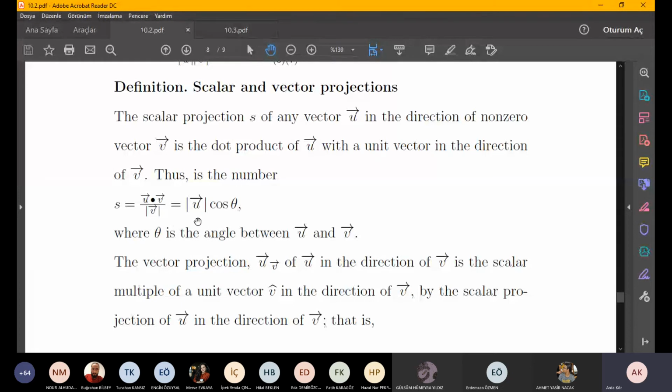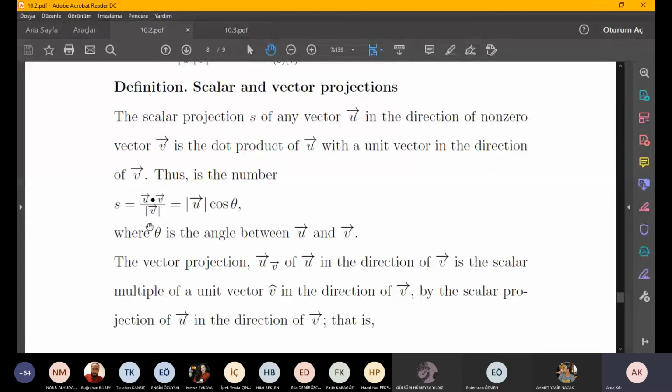This can also be written using the definition of the dot product. Instead of u dot product v, you can write the length of u times the length of v times cosine theta.